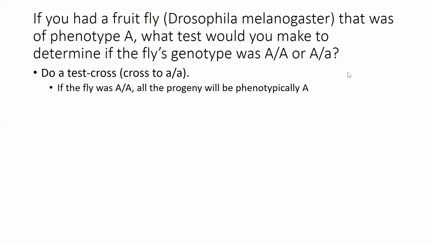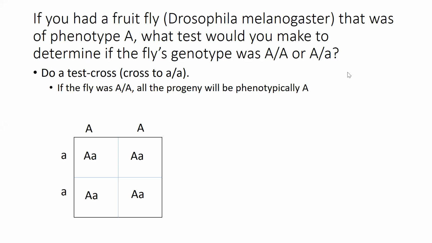If the fly was big A, big A, all the progeny will be phenotypically big A, right? It would be dominant, because it would end up with heterozygous offspring, right?